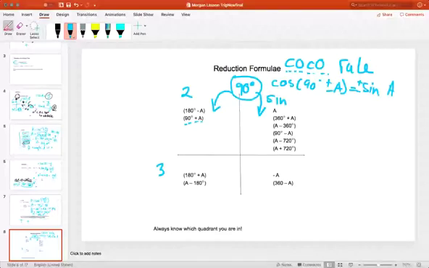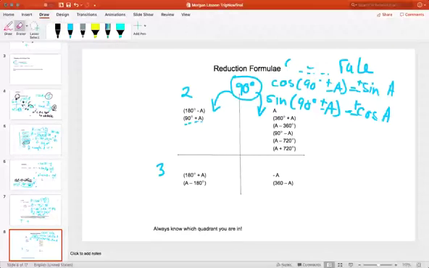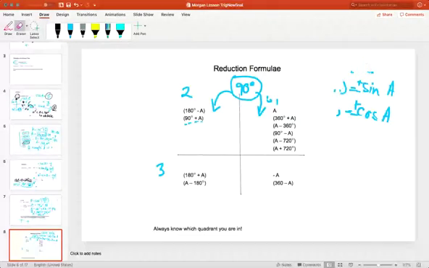And likewise, if we had the sine of 90 plus or minus our reference angle, it will change to cos of that reference angle, but it could be plus or minus, depending on which quadrant you're in. So with that Coco rule, you've got to be sharp because it sneaks up on you before you know it, and then you forget to change sine to cos, or we forget to change cos to sine. So how does it work?